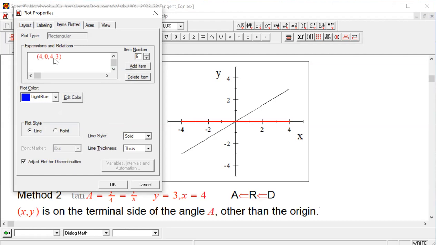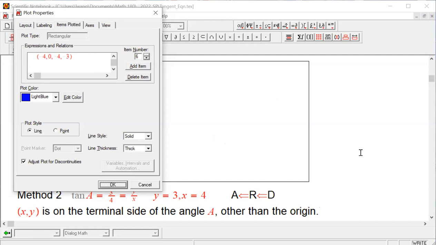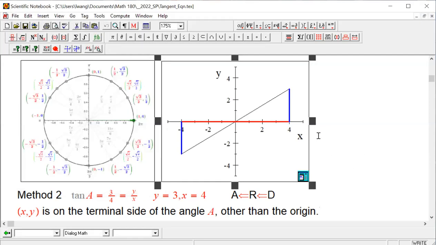Okay, another blue. There you go, right? But you really just need to draw to identify the angle.